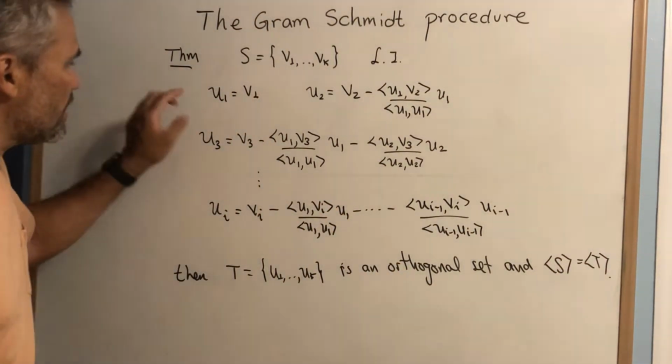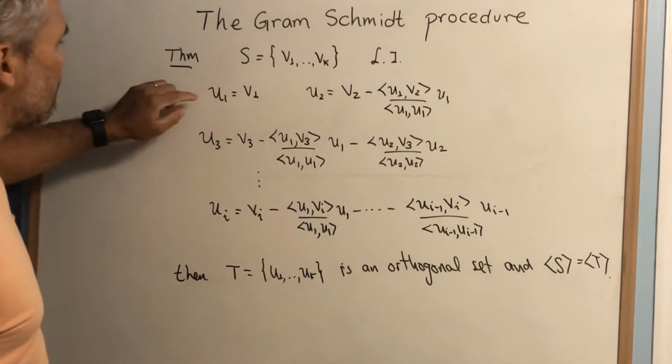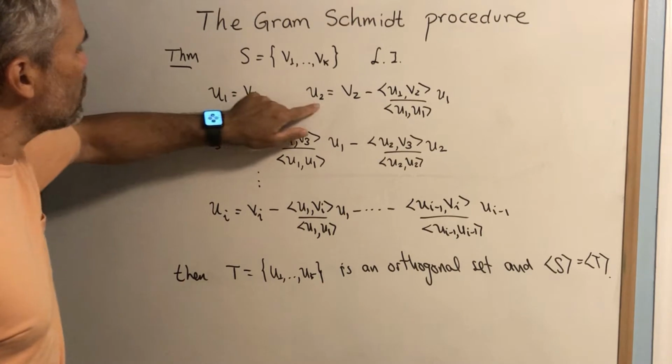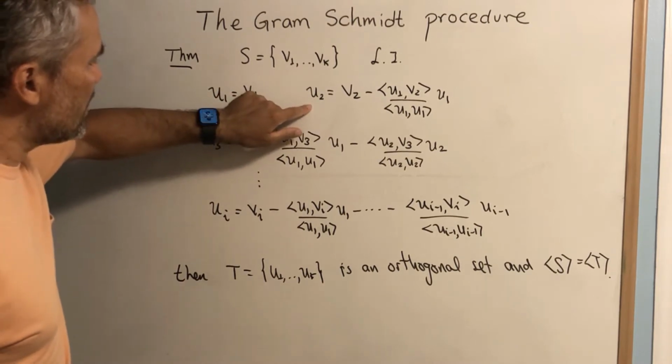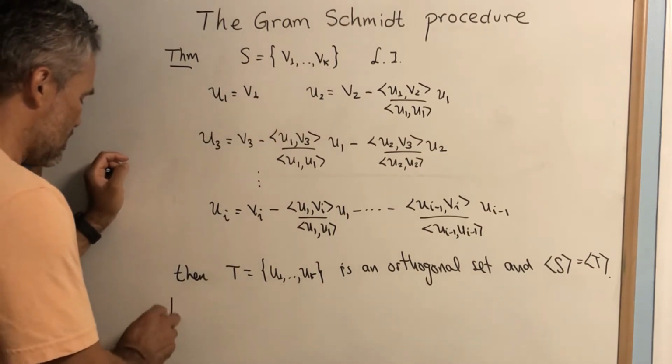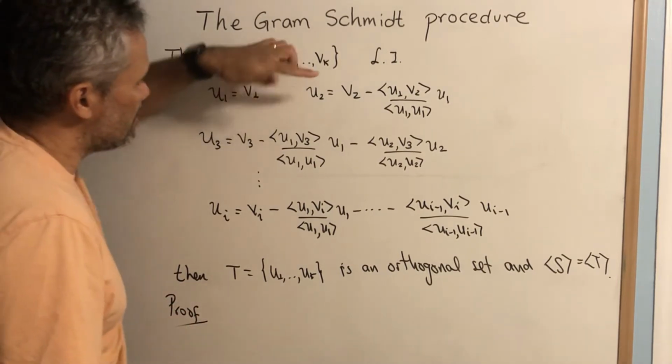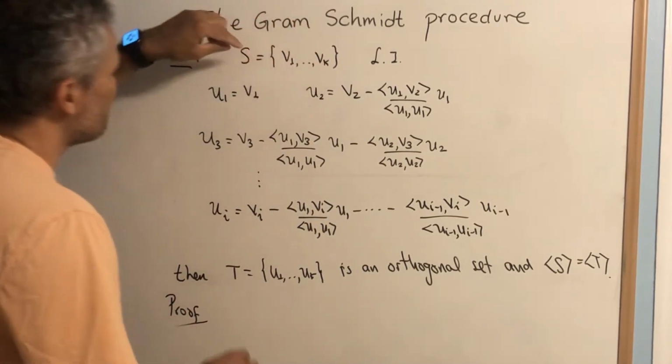The proof is somewhat straightforward. For example, we can see that the dot product of U1 and U2 is equal to 0. It's done by induction, but we're just going to check a few things here.